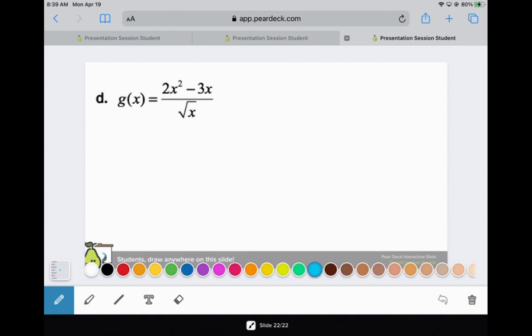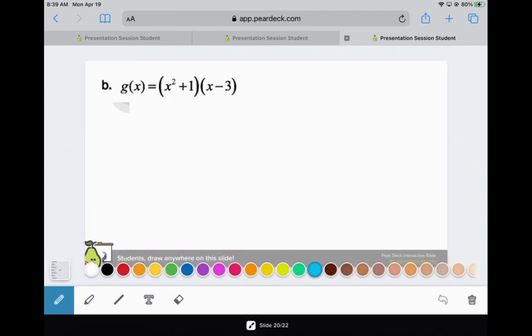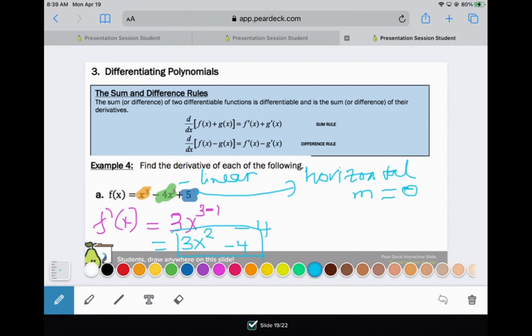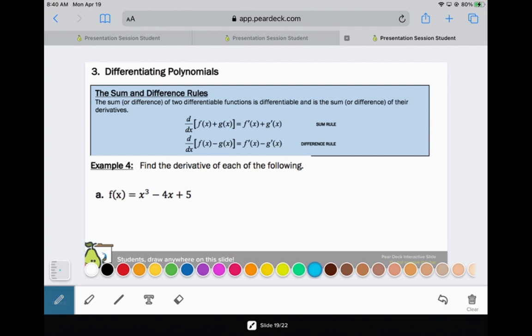I did not have an example, but what I can do is I'm going to use this screen. I'm going to clear this. I'm going to do another one.